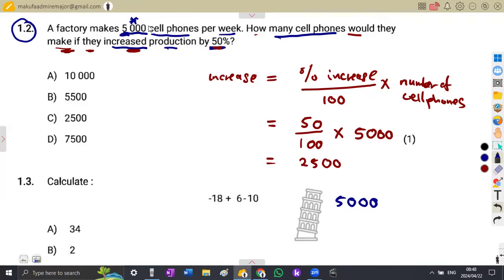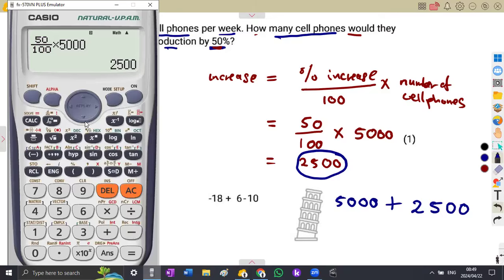This is what they were making in a week. Now they increased by 2,500. To increase is to add. If they reduce, you subtract that. So to increase, you add. So at the end, what are they going to make in a week?